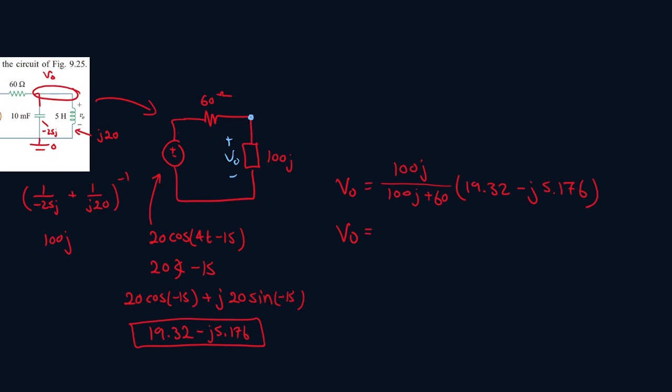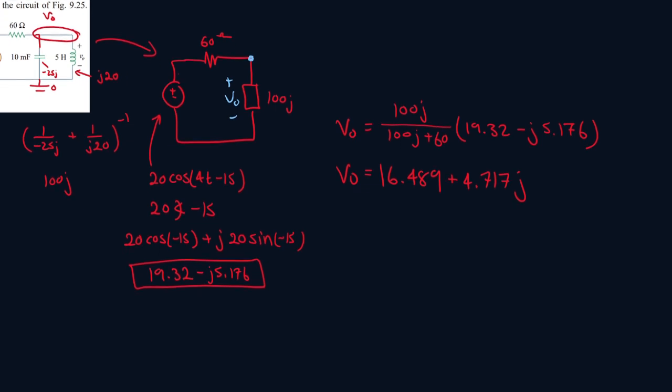So putting all of this in your calculator, it'll be 100j all over 100j plus 60, times 19.32 minus 5.176j, and you get VO to be 16.489 for the real number plus 4.717j.